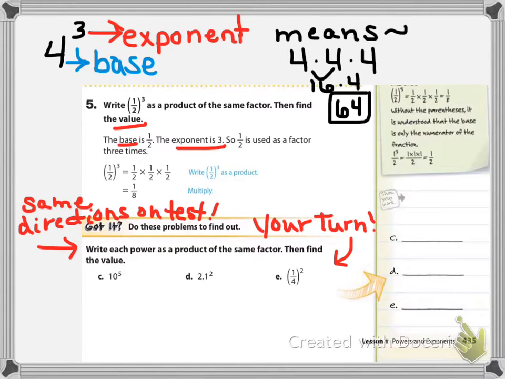If you look at the guided examples, example D is a decimal, so for D, this would be written 2.1 times 2.1. Then you're going to have to make sure that as you're solving this, you multiply and you set this up just like you're multiplying whole numbers.